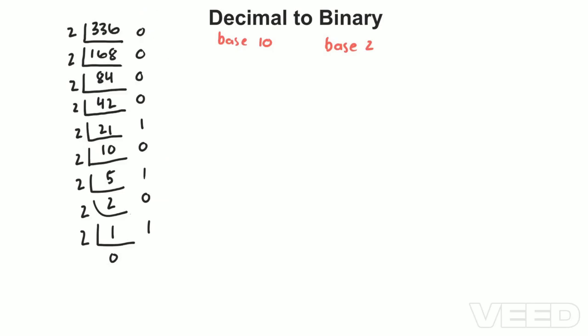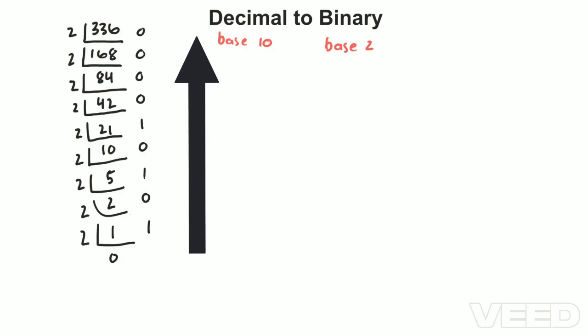So now I'm going to rewrite it, and I'm actually going to rewrite it going from bottom to top. So I'm going to start out with this 1 right here, then move up to the 0, the 1, and so on. And I'm just going to write it out. So my first number is 1, 0, 1, 0, 1.